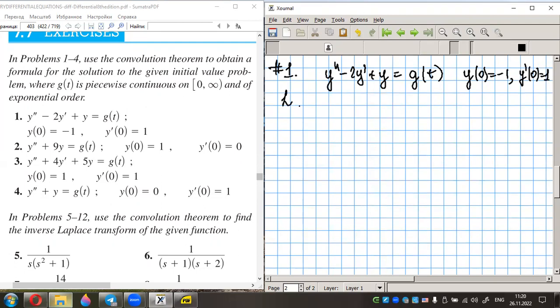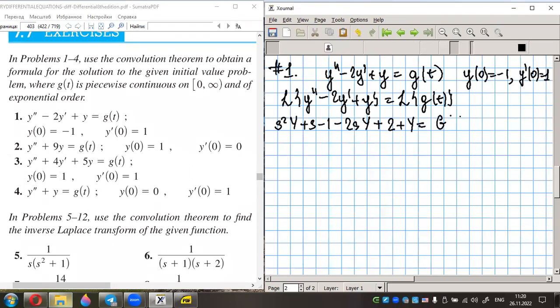Now, minus 2y prime plus y equals g of t, and s squared y minus, not minus, plus s minus 1 minus 2sy plus 2, plus y equals g of t.